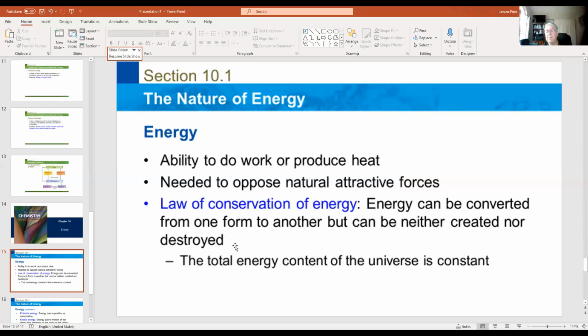The same thing with matter. Matter cannot be created or destroyed. It's only transformed. The total energy and the total matter in a system is constant. In the universe, amount of energy and matter are constant.